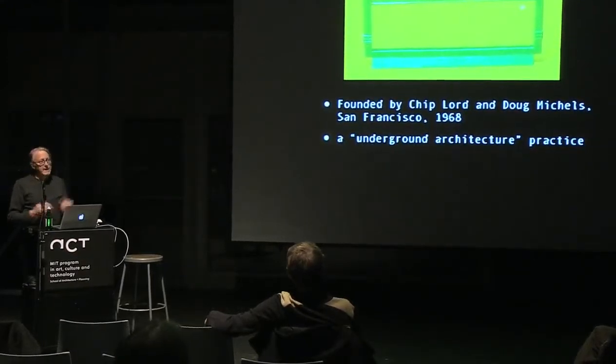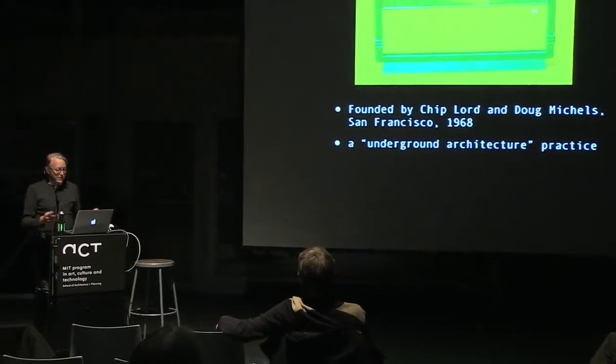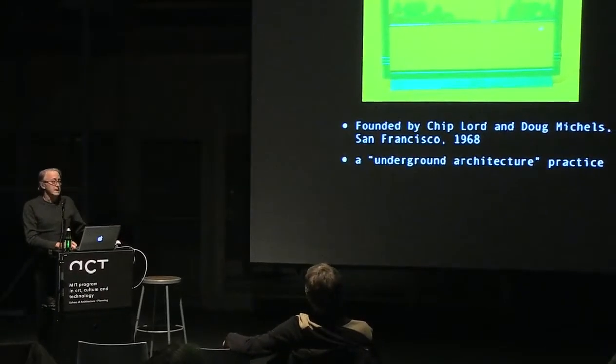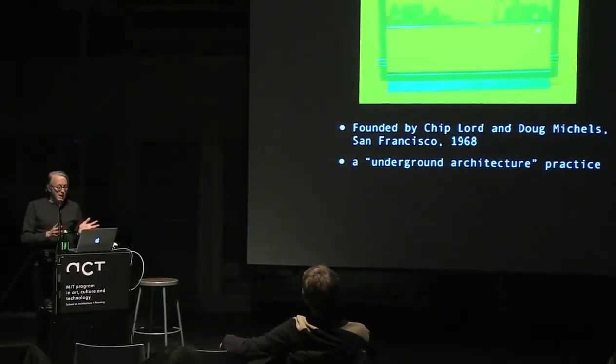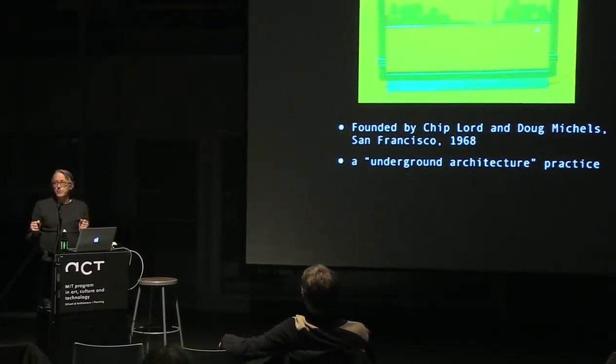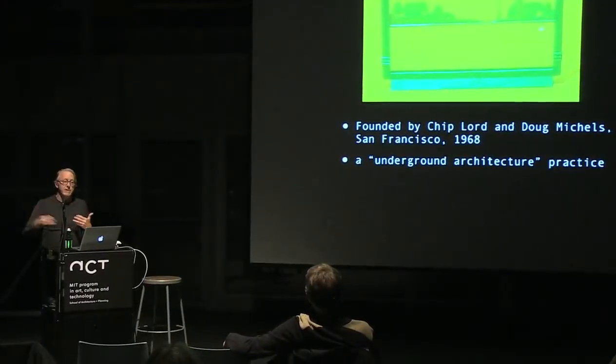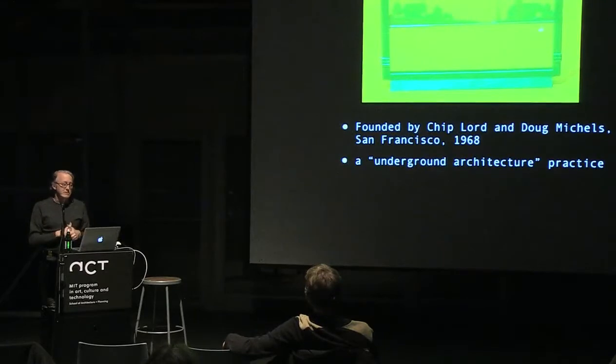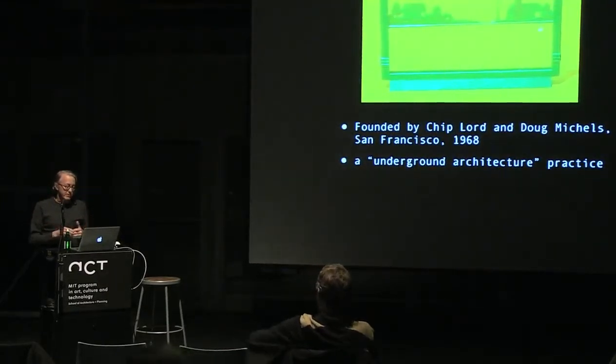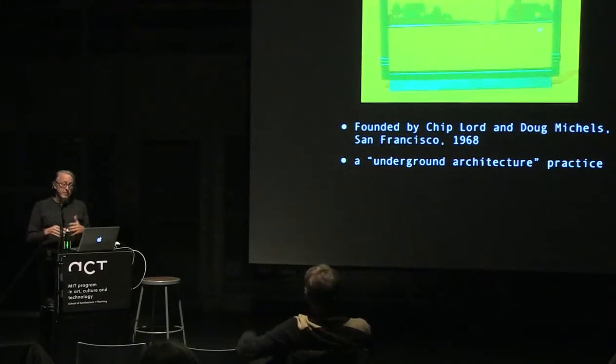So Ant Farm was founded by myself and Doug Michaels in 1968 in San Francisco. At that time, I was drawn to San Francisco because of the counterculture. I graduated with a degree in architecture from Tulane University. That year, I went out and I participated in the Halprin workshop in San Francisco.